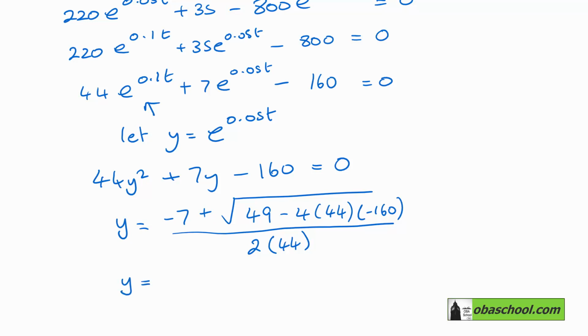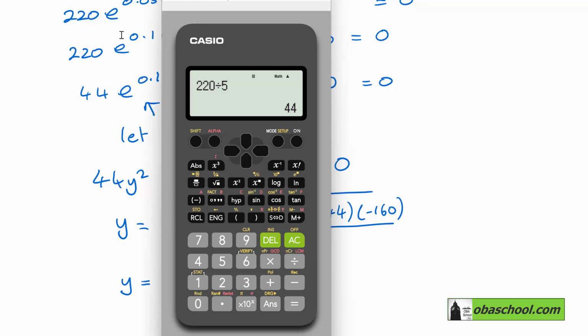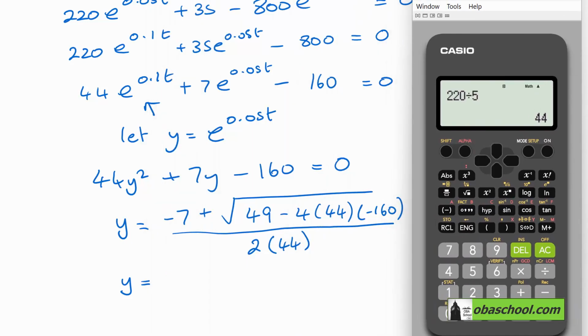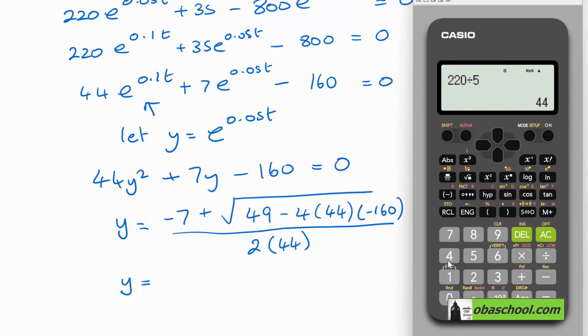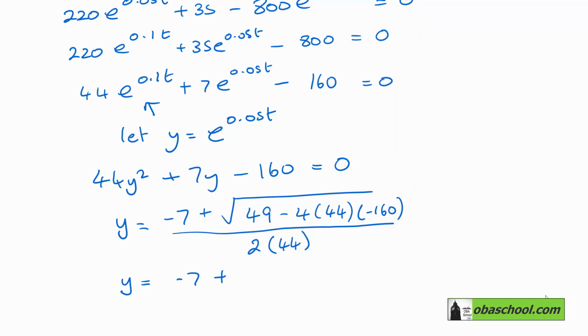So let's see what y is equal to. So let's work out what's under the square root there. We've got 49 and it'll end up being plus 4 times 44 times 160, which is 28209. Let's just check that number.